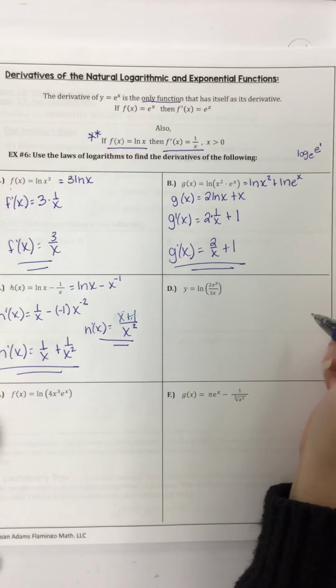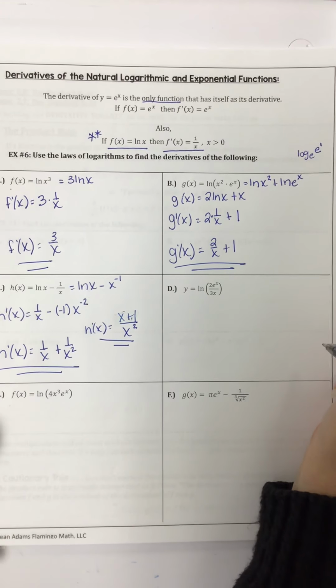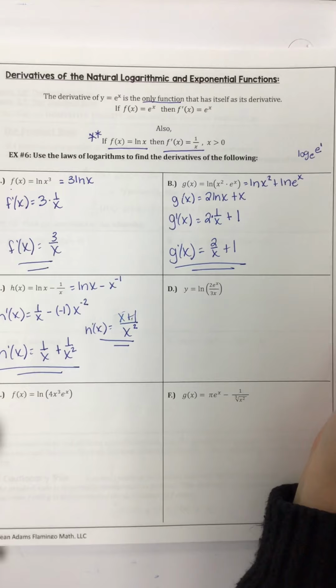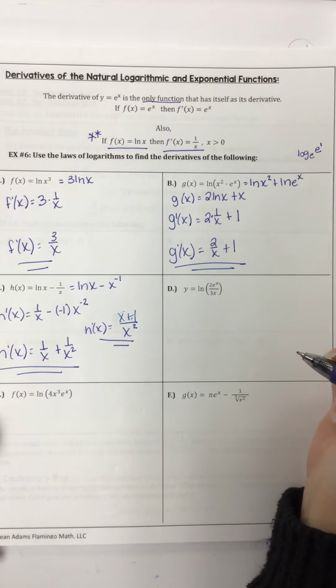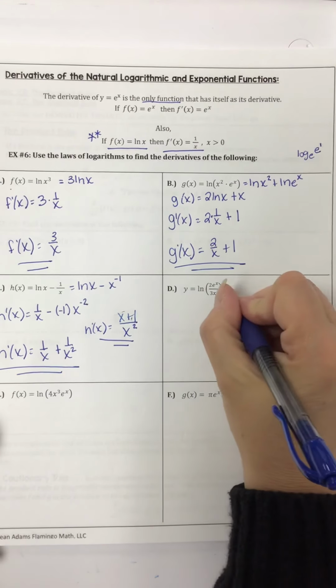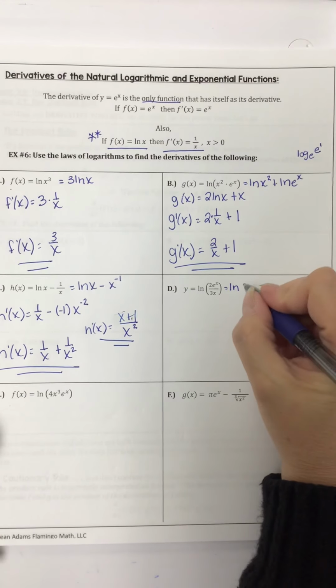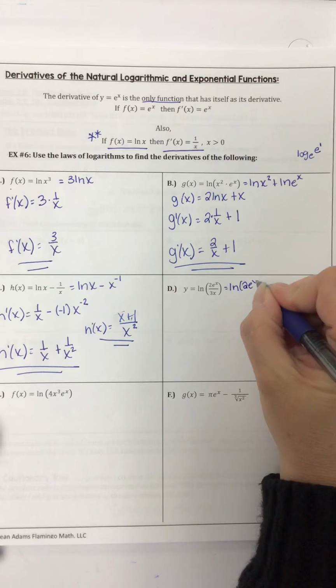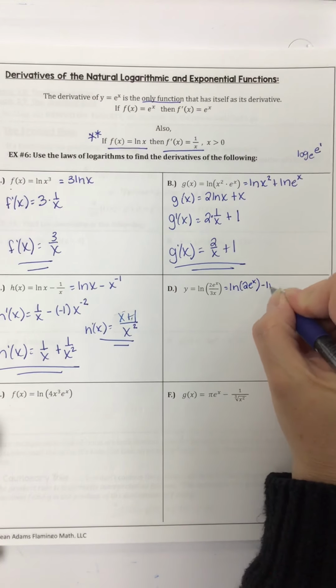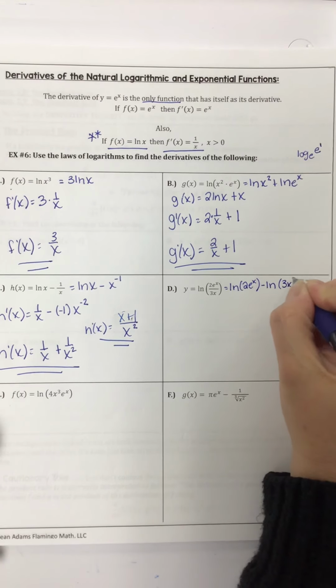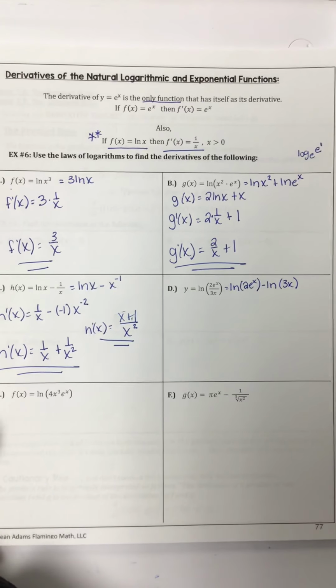Looking at D, we got some doing here, don't we? So the first thing I know, I can rewrite this function as ln of 2e to the x minus ln of 3 to the x, 3 times x, right?